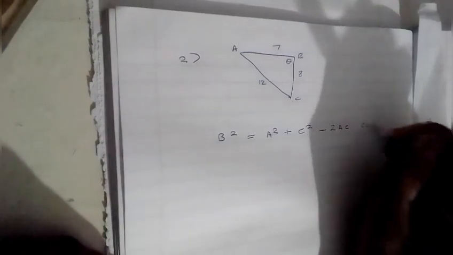On to our second question, which is a triangle ABC, and we have all the values, but we need to find angle B. So from here, we're going to put B squared equal A to the power of 2 plus C to the power of 2 minus 2 times A times C cos of B, which is unknown.